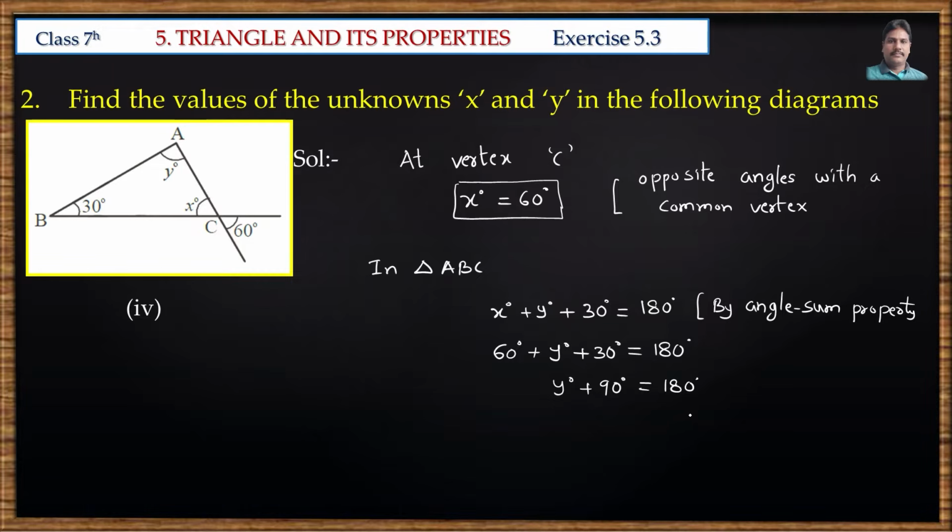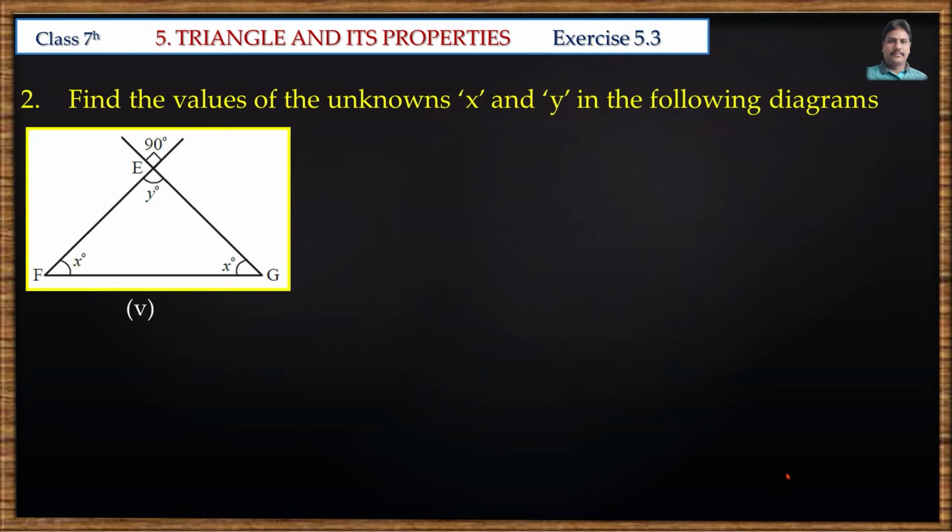Transpose plus 90 to the right side, it will become minus 90. So, y degrees is equal to 180 degrees minus 90 degrees, which is 90. So, the y value is 90 degrees. So, this is the answer. Next problem.